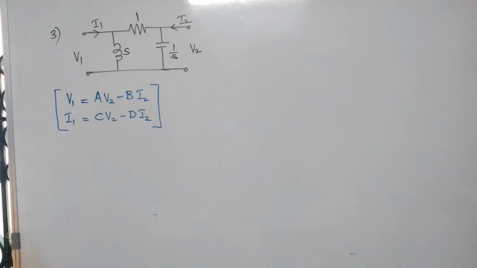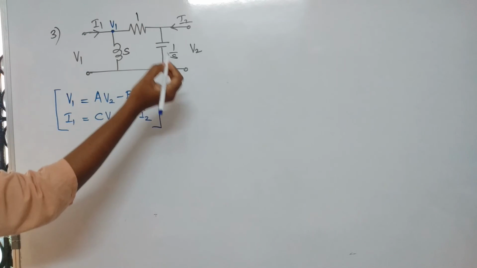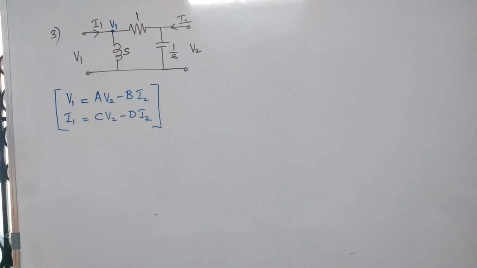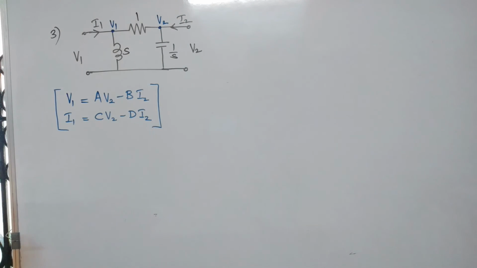So let's start by writing the node equation. Now this is V1, voltage at this node is V1 and the voltage at this node is V2. So let's write equation for node 1.